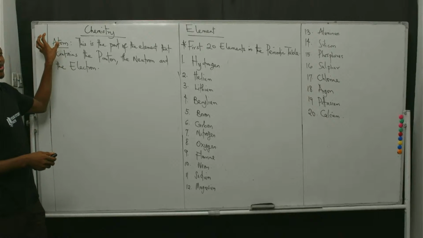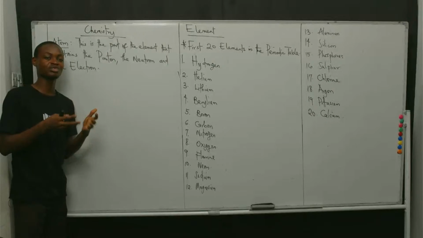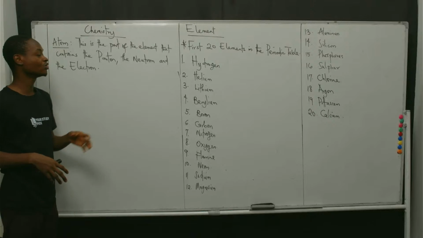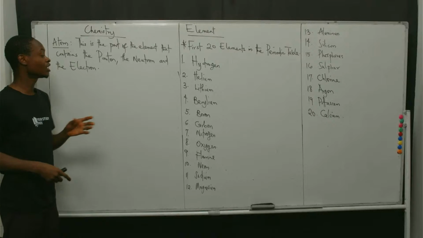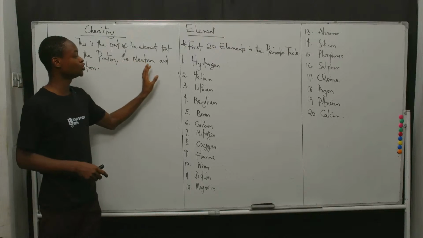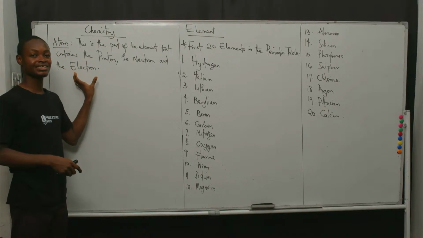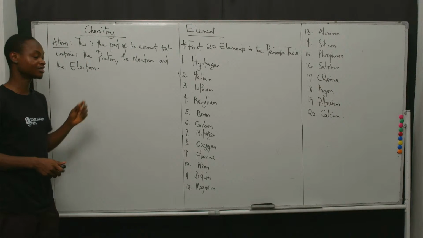So, the atom that Dalton believed was the smallest indivisible was in fact divisible, and it contained the proton, the neutron, and the electron. That was the very first thing.